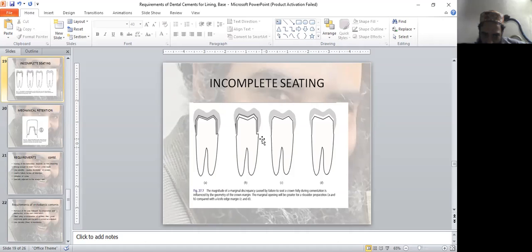And again, you can see D is not fully seated, while C is fully seated, A and B. It is the failure of seating a crown during cementation.